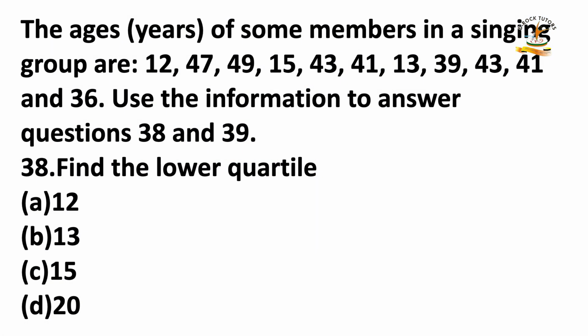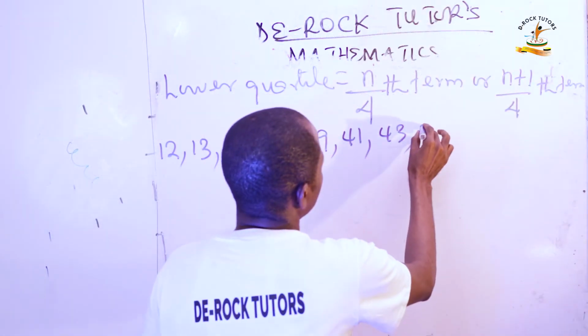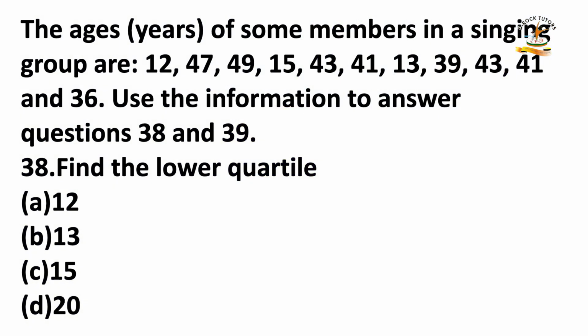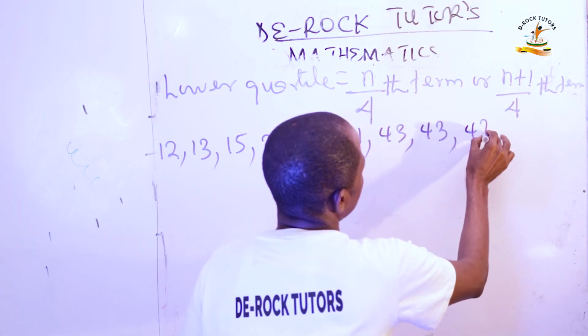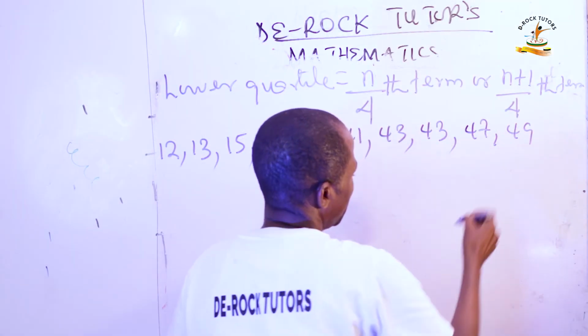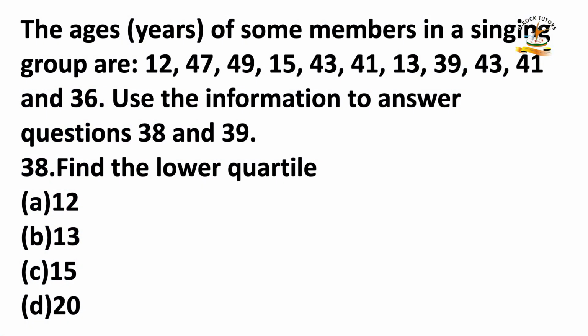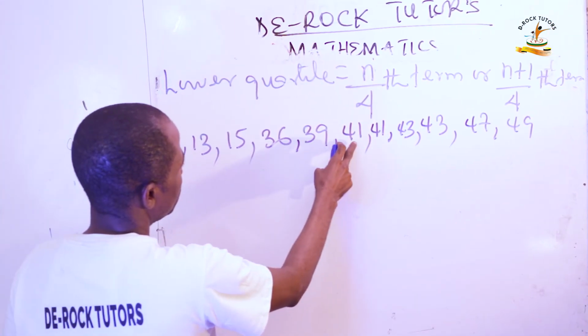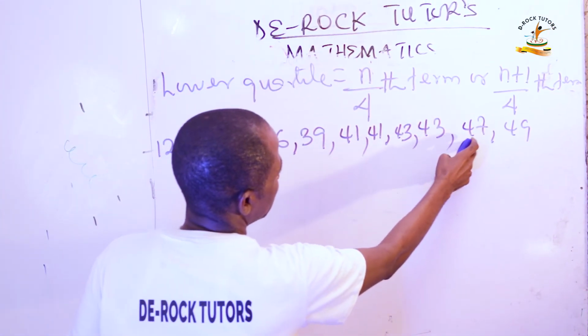There are two 43, so 43 in two places. Then after that, we have 47 and 49. To be sure, let's count how many they are. 1, 2, 3, 4, 5, 6, 7, 8, 9, 10, 11.